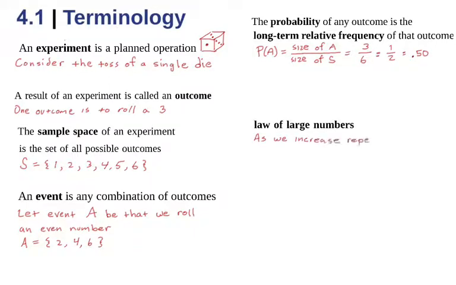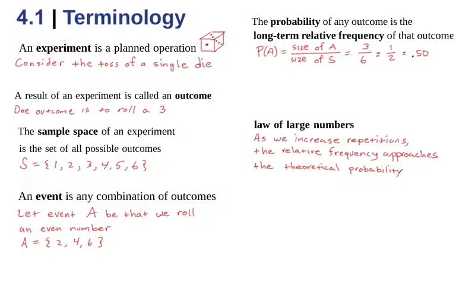It is important to know that when we're talking about probabilities, we talk more about theoretical probability, which is the law of large numbers. If we toss a die 6 times, we're probably not going to get 1, 2, 3, 4, 5, and 6. That's the long-term outcome.